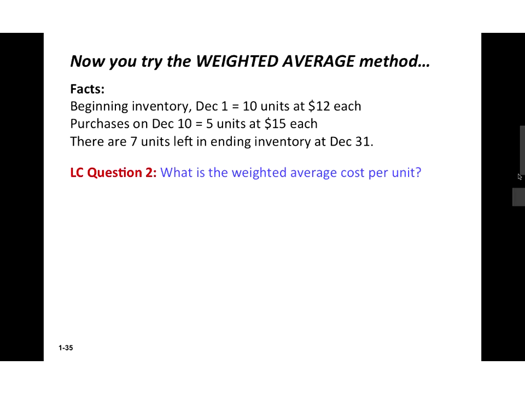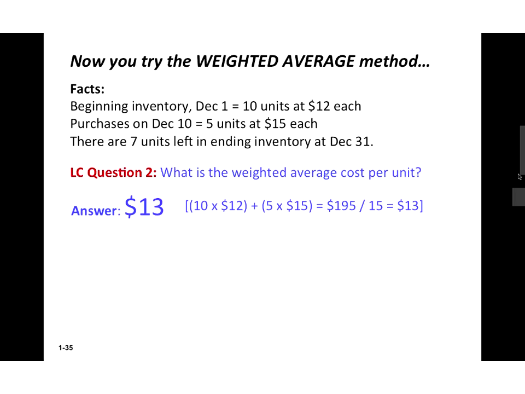So you take the 195 and divide by the 15. I'm going to close this question in about 10 seconds. Okay, weighted average cost per unit is the 195 divided by the 15.